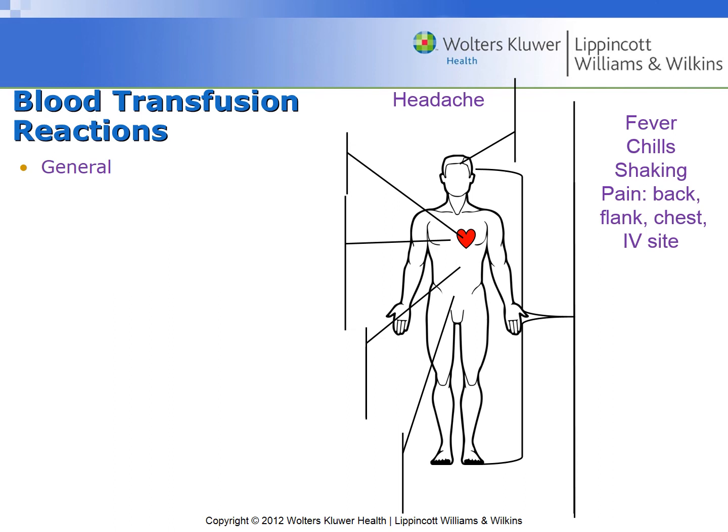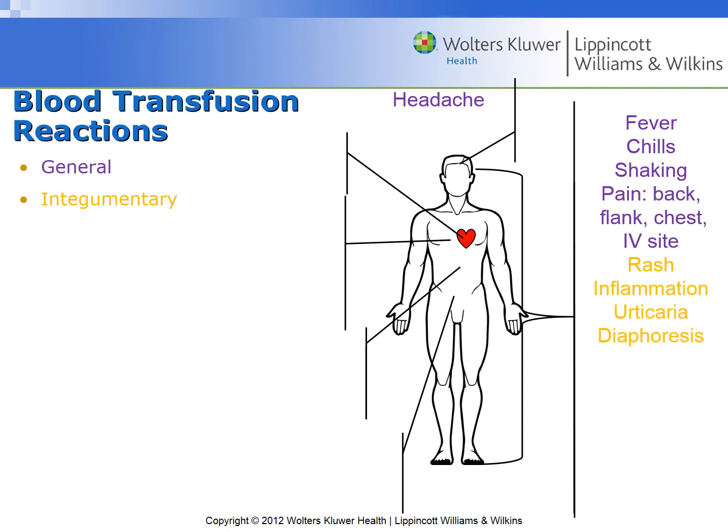Pain in the back, in the flanks, kidneys being affected, in the chest, with the heart and lungs, as the body is reacting to this foreign invader, this wrong blood type, and it is triggering the immune response and triggering those blood cells to clump together in a process called agglutination so that they can be taken out by the immune system. This can cause blockages in the blood vessels by red blood cell clumps.